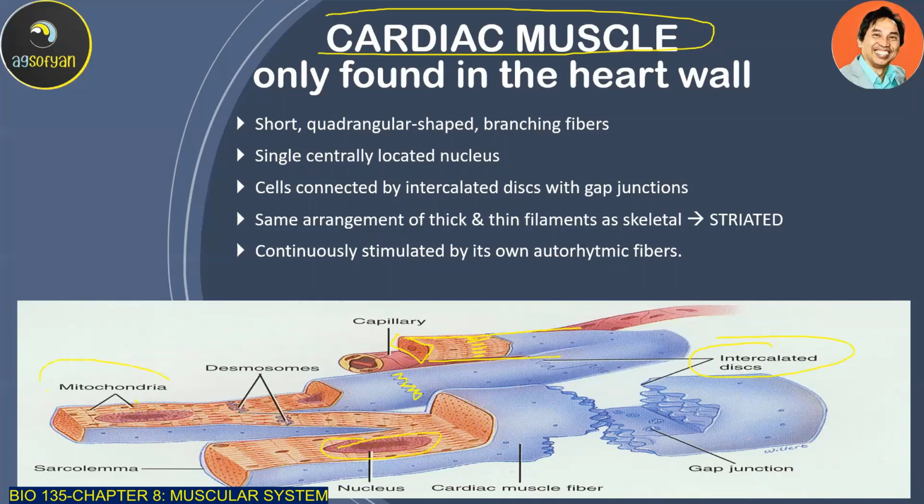That's very important. So cardiac muscle has more mitochondria because what? It never stops. So never stop contraction, so it requires a lot of ATP. And the ATP is made in this mitochondria. So a lot of mitochondria in the cardiac muscle.